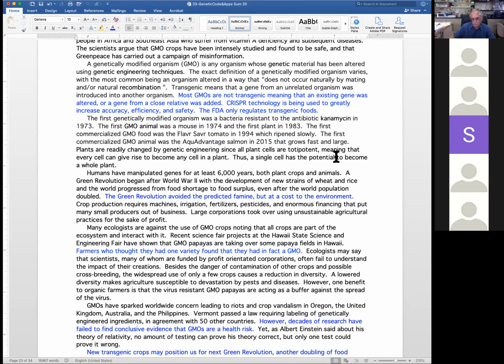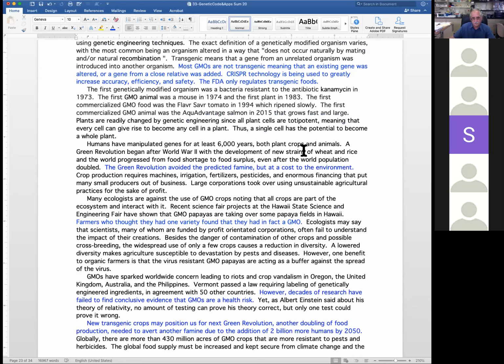So the first genetically modified organism was a bacterium, in 1973. Then the first animal was in 1974, and the first plant in 1983. The first commercialized GMO food was the Flavr Savr tomato, and all they did was make it ripen more slowly so it would withstand shipping over time.